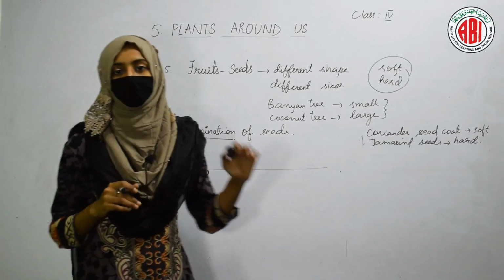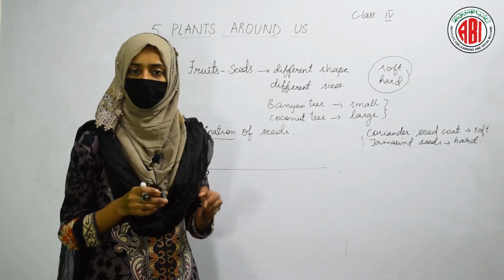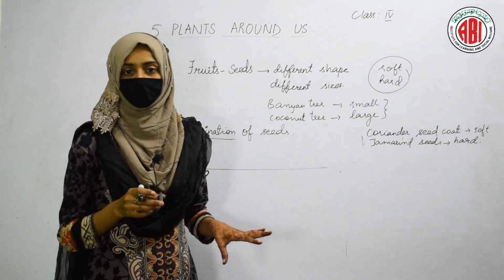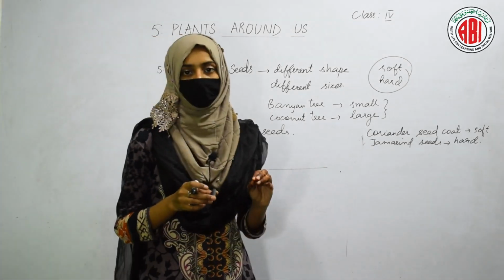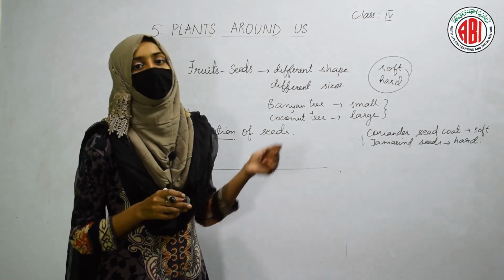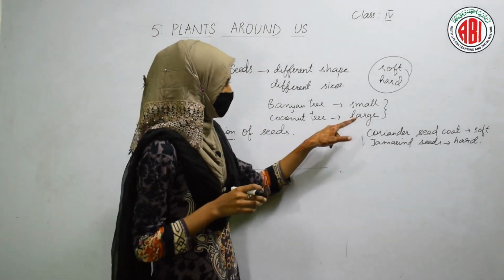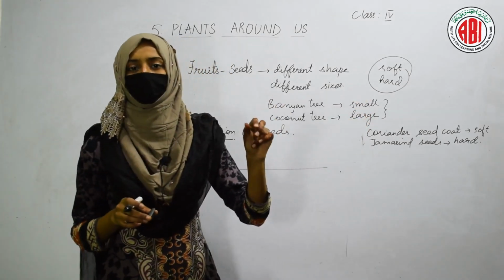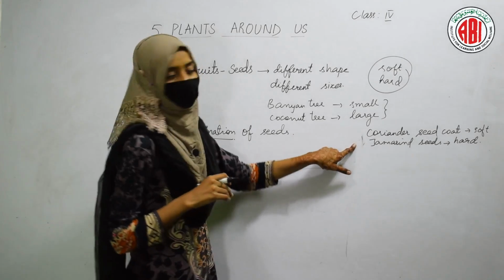After a few days, he observed that some of the seeds germinated and grew into a new plant. Not all the seeds germinate; only a few seeds are able to germinate and produce a new plant in both cases. But in the case of coriander, as the seed coat is very soft, it germinated faster when compared to the tamarind seeds.